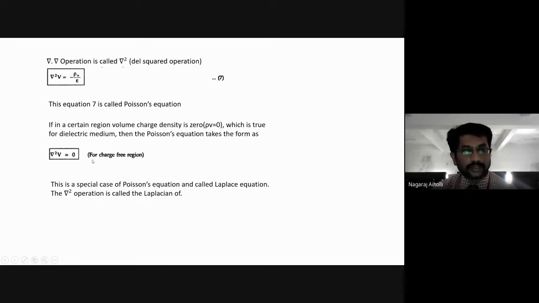So if we satisfy del square V equal to 0, it is a charge free region where rho V equal to 0. Suppose del square V has some value, that means it is not a charge free region. That means there is some charge and some electric field intensity. That is the conclusion. Got the point? Yes, I got the point, sir. Okay.